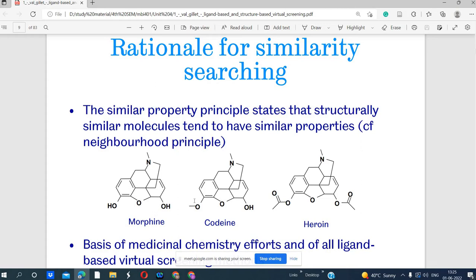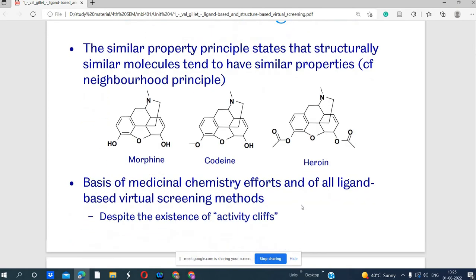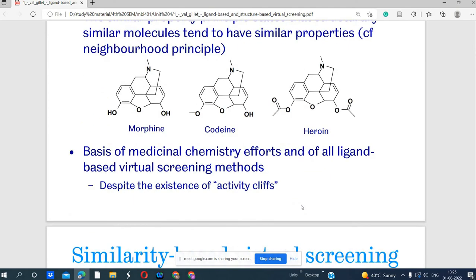Here you can see a few examples like morphine, codeine and heroin. These are similar examples, and these are all derivatives of morphine. Codeine and heroin are derivatives of morphine. These are drugs that are also used in anesthesia. So this is the basis of medicinal chemistry effort and of all ligand based virtual screening methods.